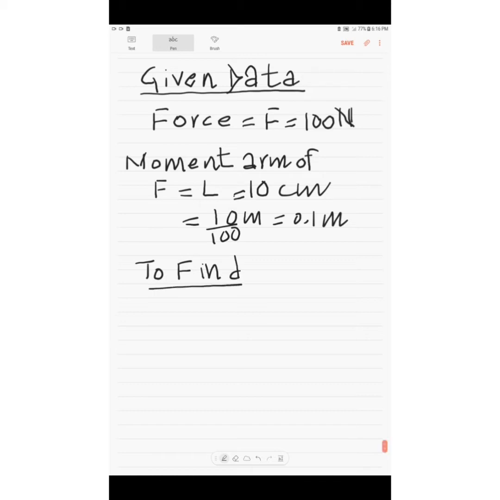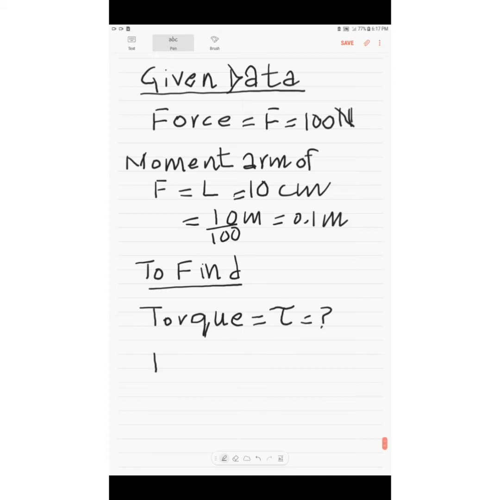Underline it, but you have to find here the torque. The symbol is tau, the torque. Put question mark.